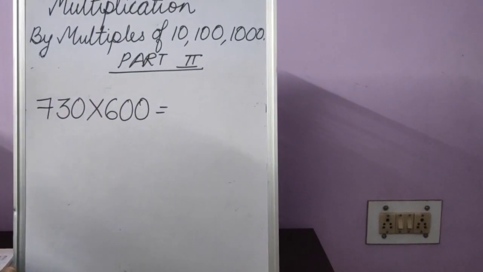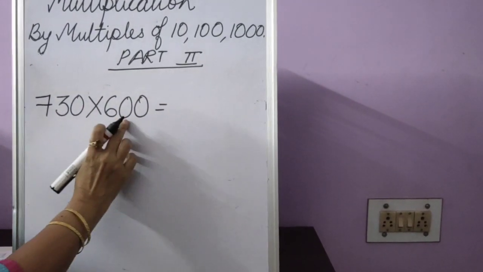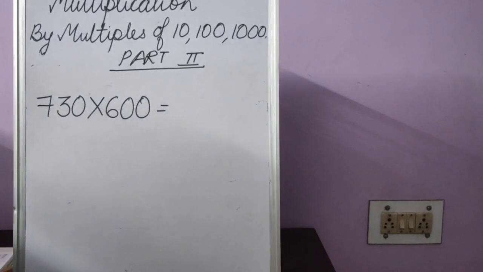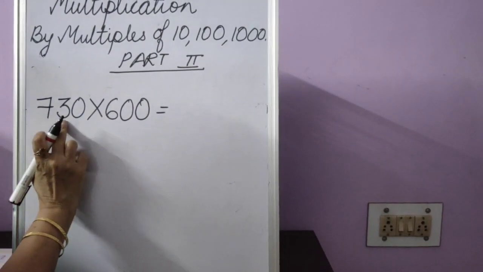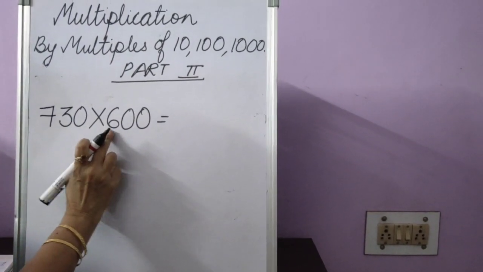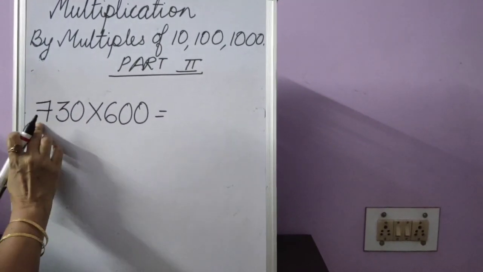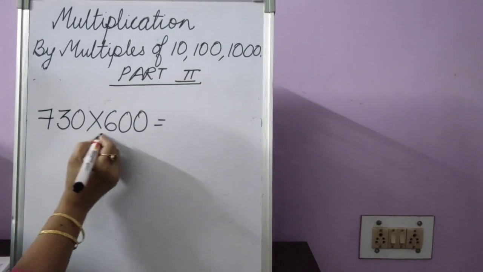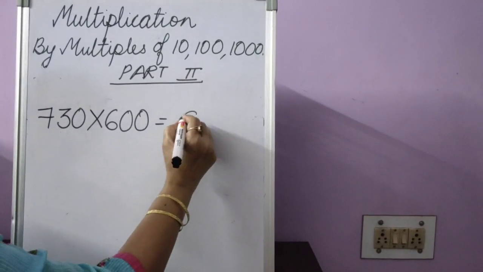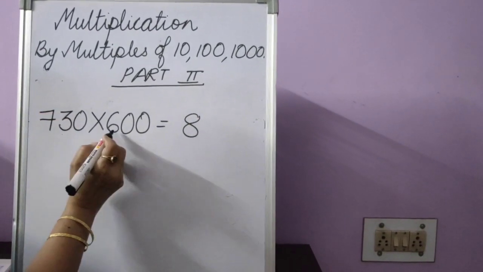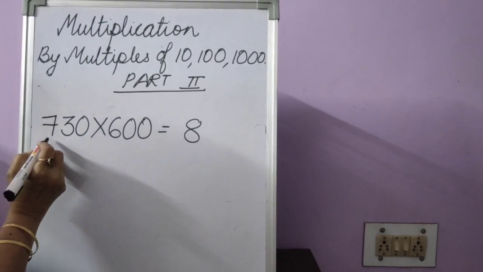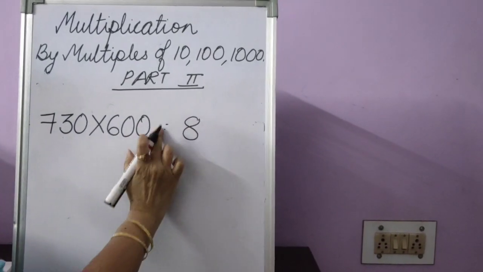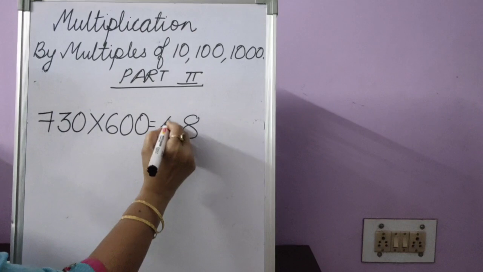This is the way you are going to do it in your notebook. We are not going to do anything with the zeros now. So, your sum is 73 multiplied by 6. So, let's begin. 6 3s are 18. 8 carry 1. 6 7s are 42 plus 1, 43.